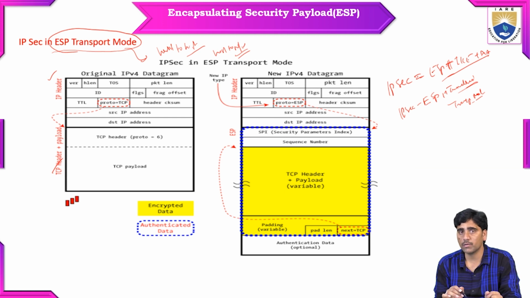The IP header format contains the version of the IP, header length, type of service, packet length, ID of the packet, flags and flag offset, and the time to live is also filled, and a protocol which indicates the next header or previous header, and a header checksum, along with the source IP address and destination IP address.